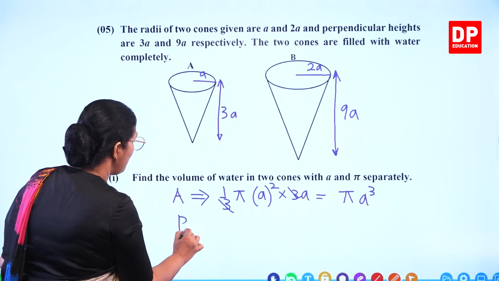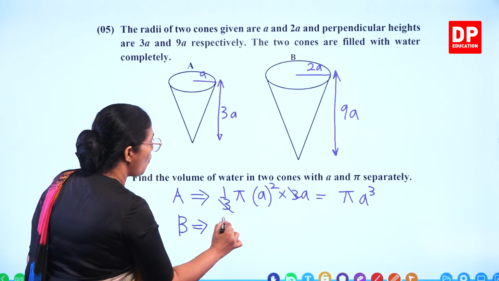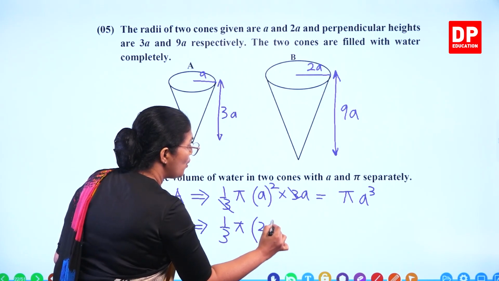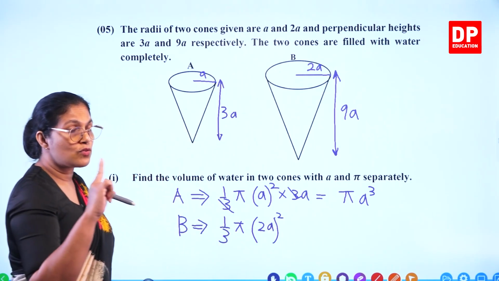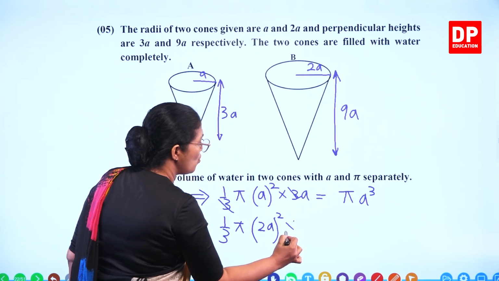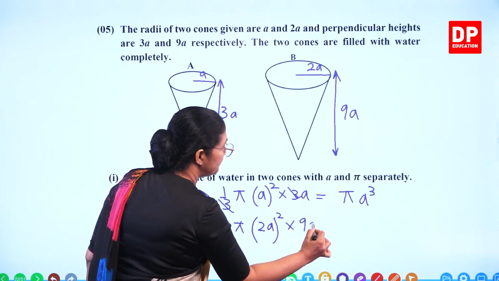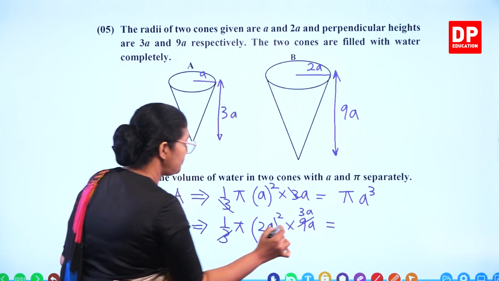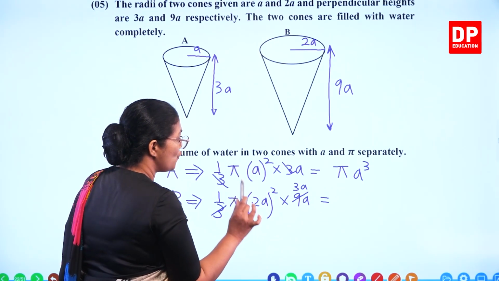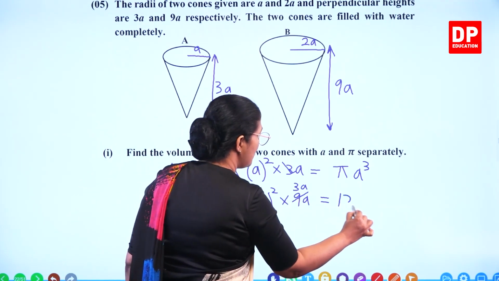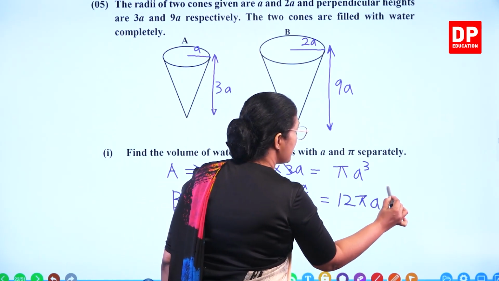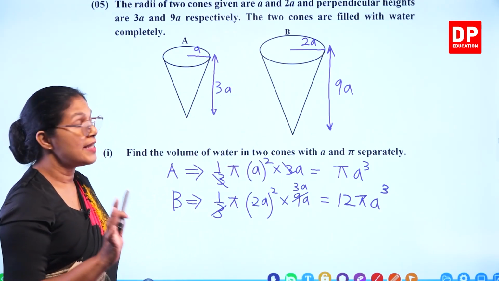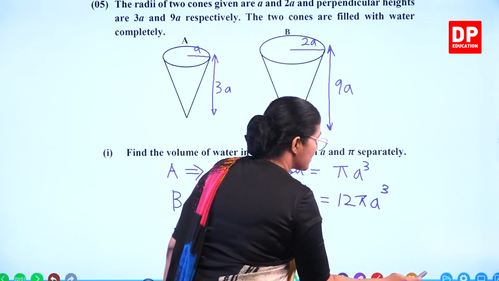What about cone B? 1/3 pi, radius is 2A. 2A whole thing squared, not just 2A squared, whole thing squared into height is 9A. Simplify, 3 times 3. So 2 squared is 4. 4 times 3, 12 pi A cube. So the volume of water in 2 cones with A and pi separately. So these are the 2 answers for this one.